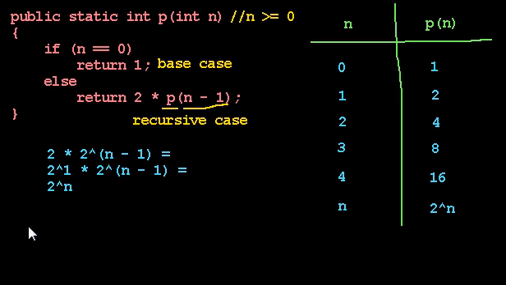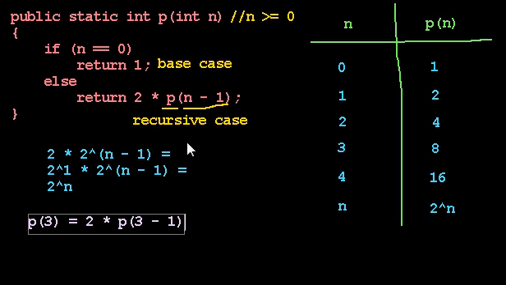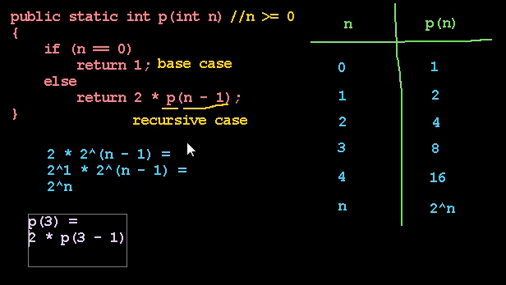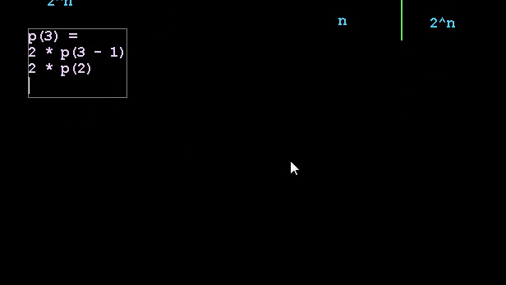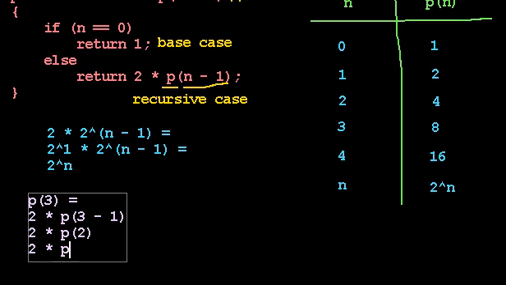Here's another way we could reason about this same problem. Suppose I wanted to find p of 3. I could work out, well, let's see, p of 3, that's really 2 times p of 3 minus 1. And then we can just sort of write out the whole sequence. In fact, maybe I'll write it out like this. 2 times p of 2, which is, let me make some room, 2 times 2 times p of 1.